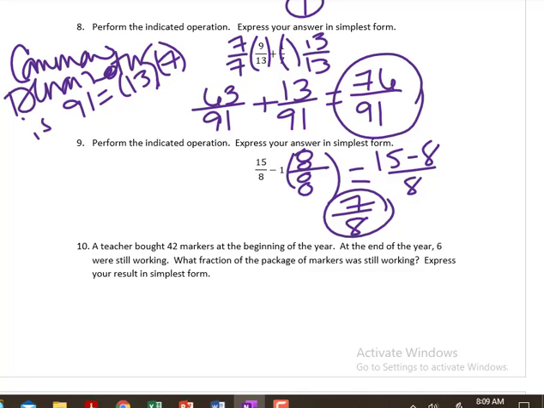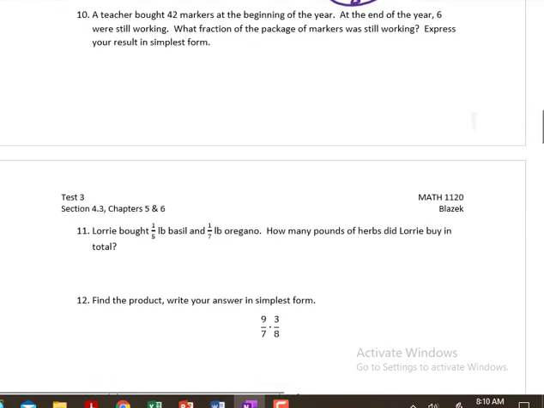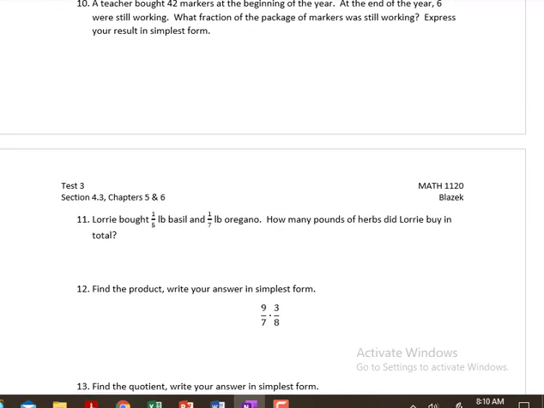Number 10, a teacher bought 42 markers at the beginning of the year. At the end of the year, 6 were still working. What fraction of the package of markers was still working? Express your answer in simplest form.